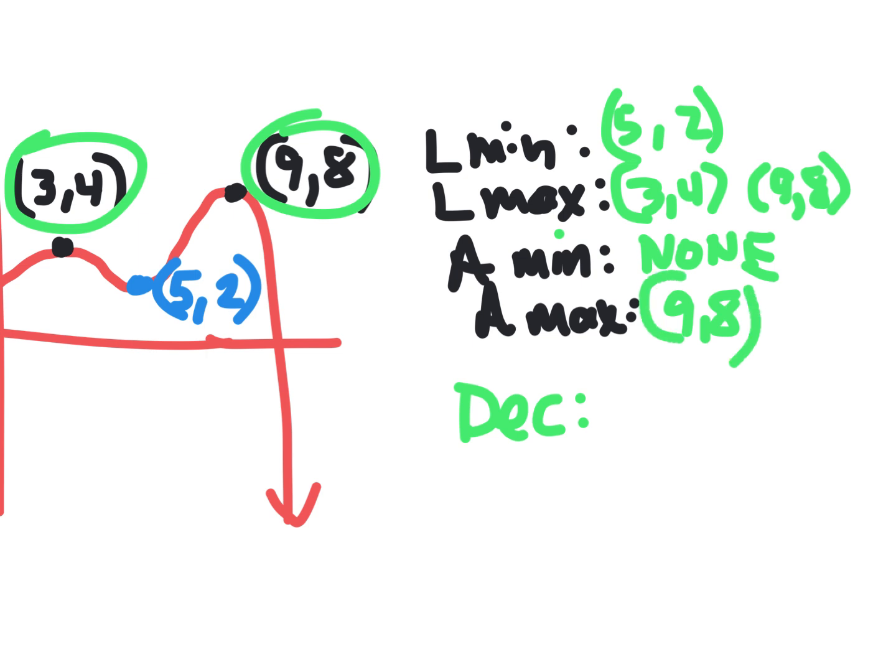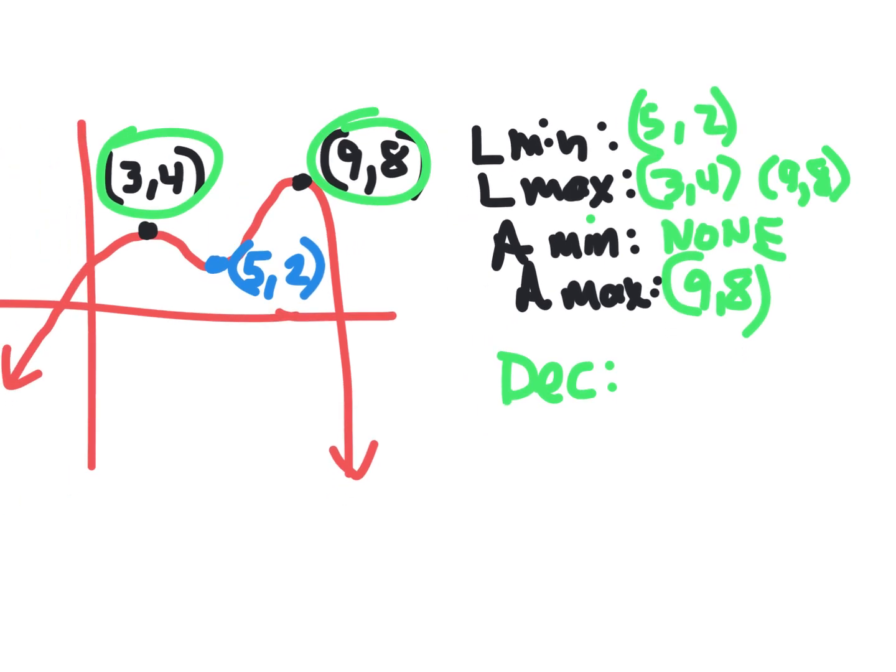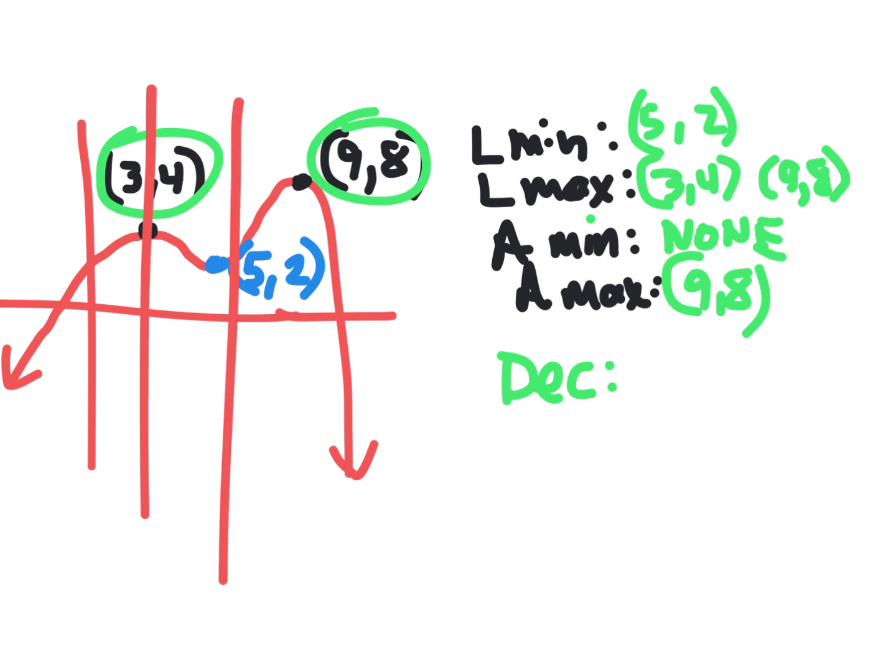The decreasing interval: there was not just one this time. I'm sure you caught the decreasing interval between here and here. It was going down, and these are the x values only, so 3 to 5 was an easy one. But did you also notice that it was decreasing there? There are two intervals where it's decreasing.